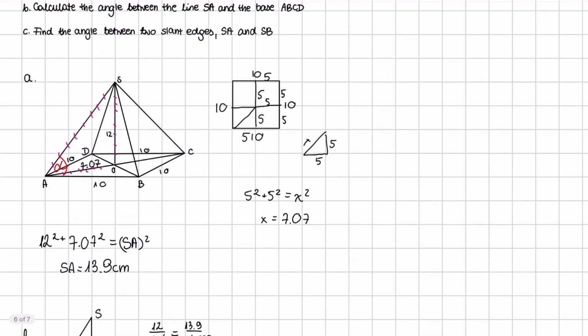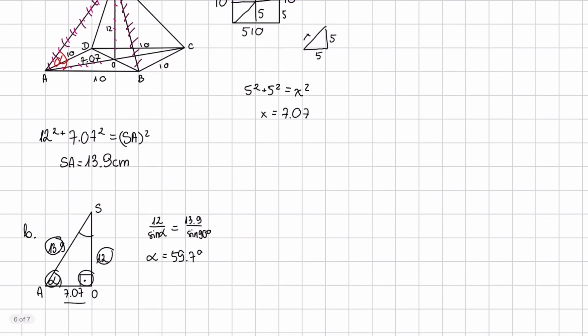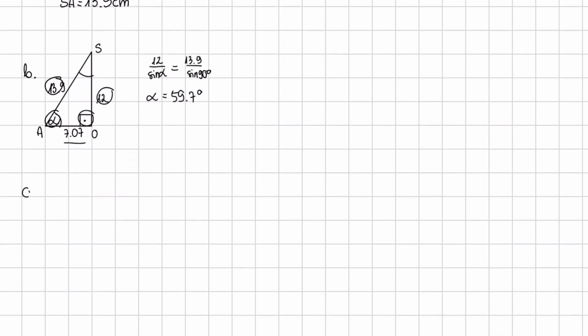And C, find the angle between two slant edges SA and SB. So we have to find this angle between this line and this line, because these are our slant edges. So we can once again redraw our triangle, but this time the other triangle.